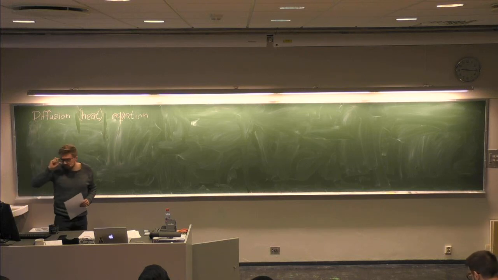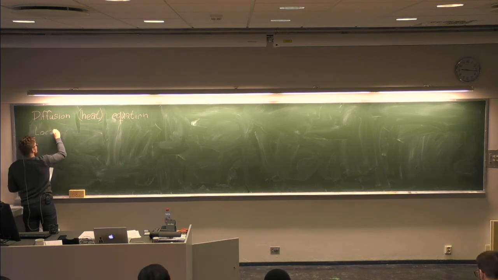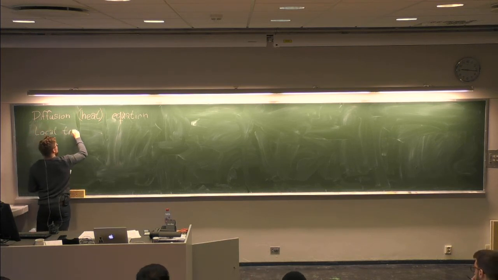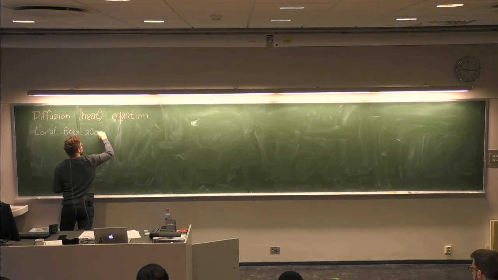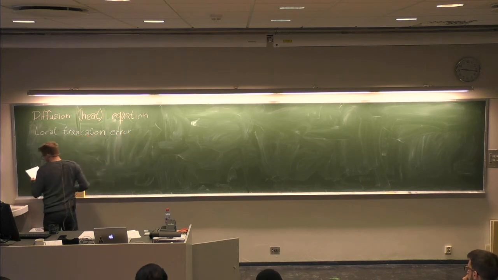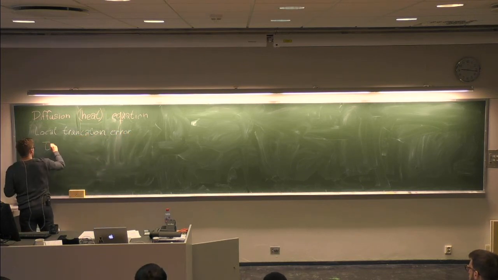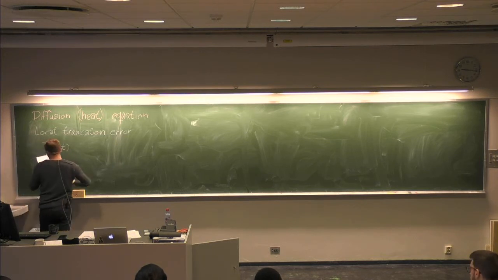So let's start with the truncation error again. The local truncation error is given by a function tau of x, t.